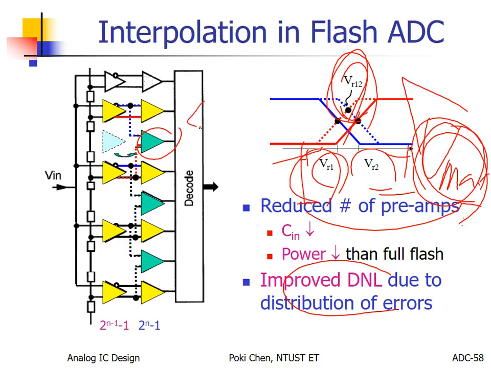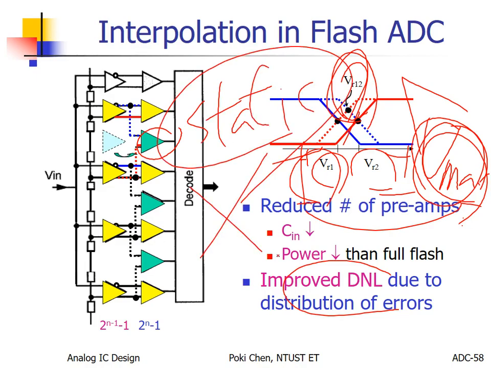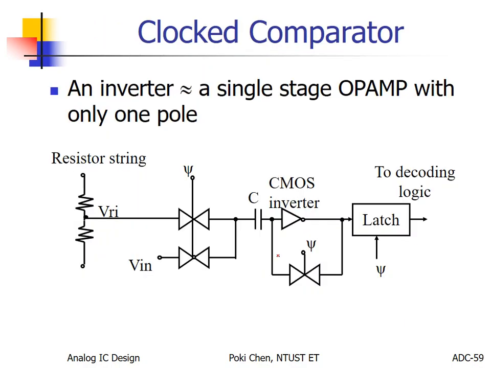Especially for very high speed operation, usually we try to not use such kind of static structure, because a static comparator usually means it consumes power even without any operation. So we can go for dynamic operation. This is one of them, one of the dynamic comparators. We call it clocked comparator.